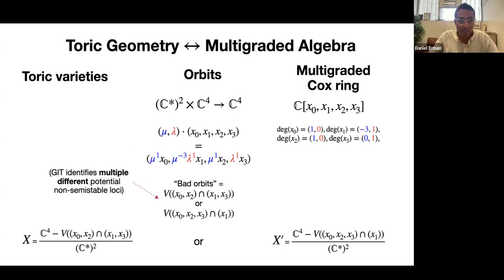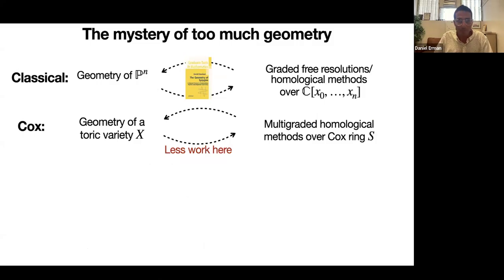All right. Sorry. So I want to stick with that idea for a second. So the classical picture is we're going to relate the geometry of projective space to graded algebra, algebra over the standard graded polynomial ring.